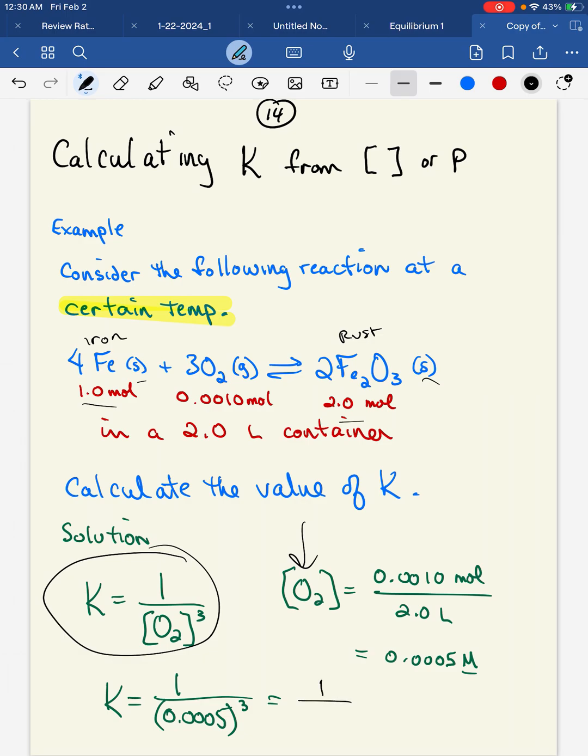It's 1 over 1.25 times 10 to the minus 10, which is 8 times 10 to the 9th. What would the units be in this case? Moles per liter to the -3, if you care. I don't care. You probably don't need to know. You'll probably never be asked to calculate it.